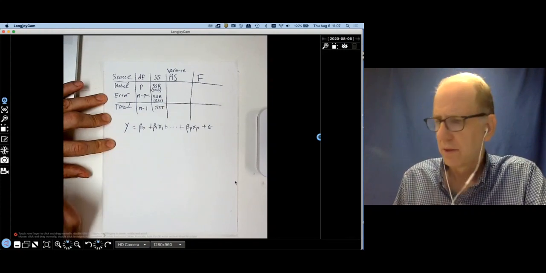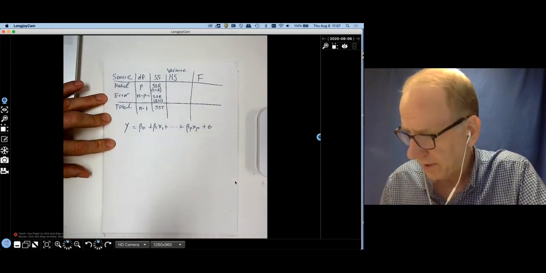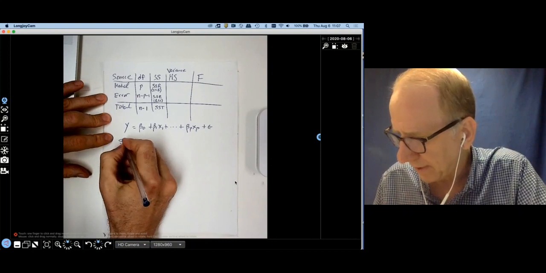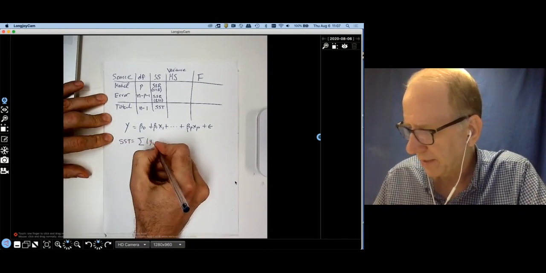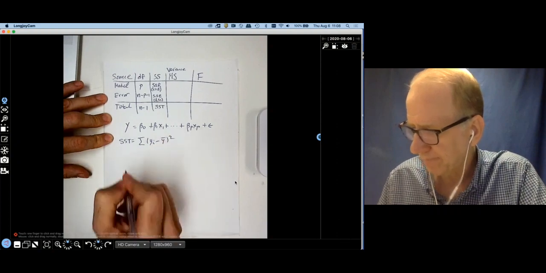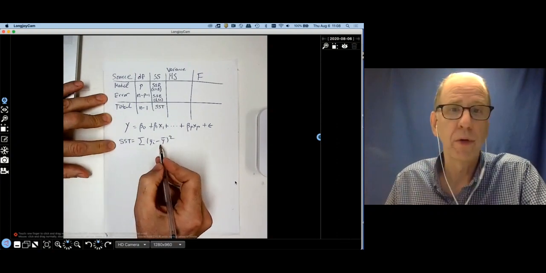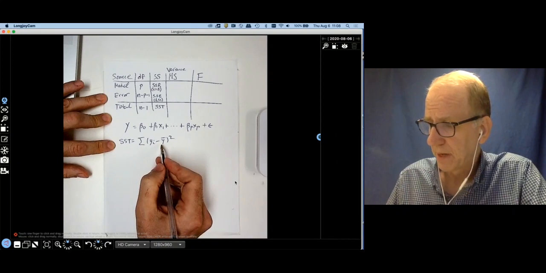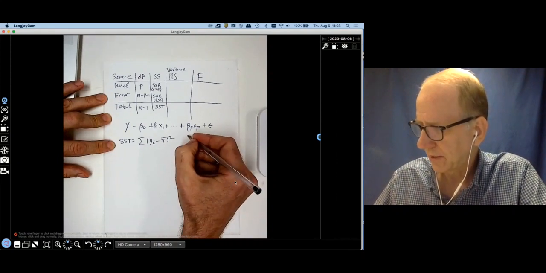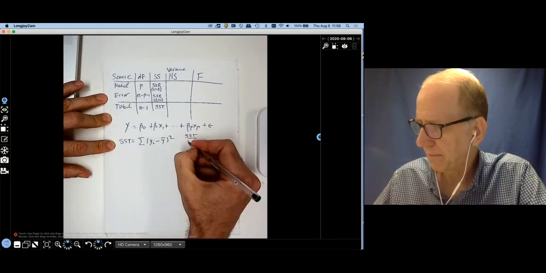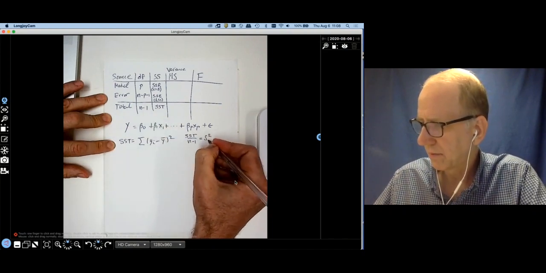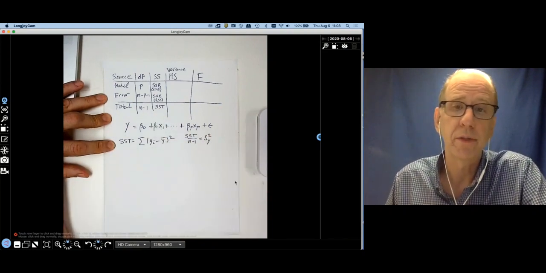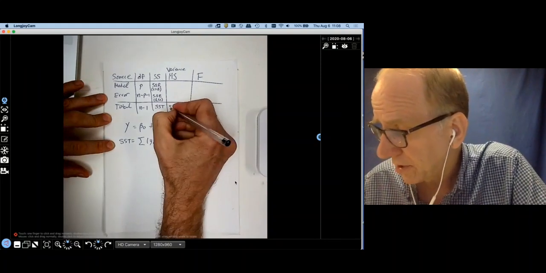And so the way to think about these is SST is just the sum of y sub i minus y bar squared. And so that's the total variation in the data. Notice that if I take this, SST, and divide by n minus 1, I get the familiar variance of y, sample variance of y. So let me just write that in here.